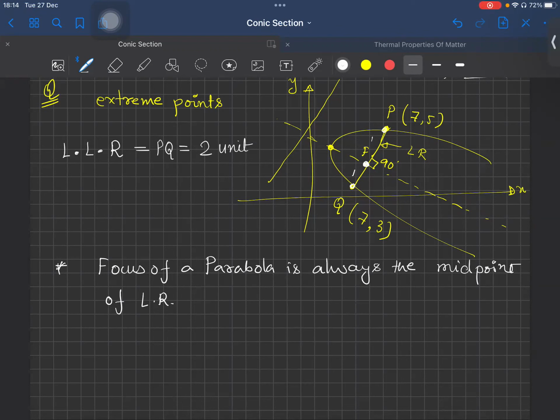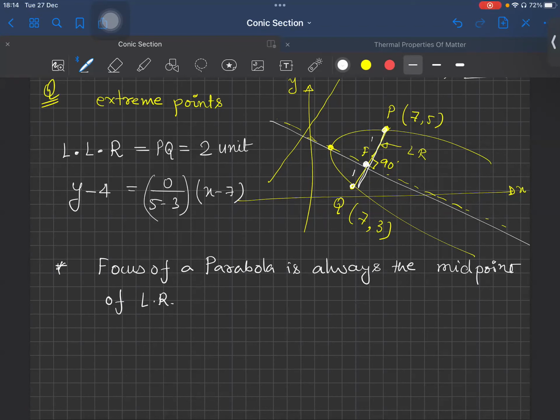See, the axis of parabola is perpendicular to this latus rectum, isn't it? This is the axis of parabola, perpendicular to the latus rectum. So if you find its equation, you can write y minus 4 is equal to (0 upon 5 minus 3), the slope, into (x minus 7).